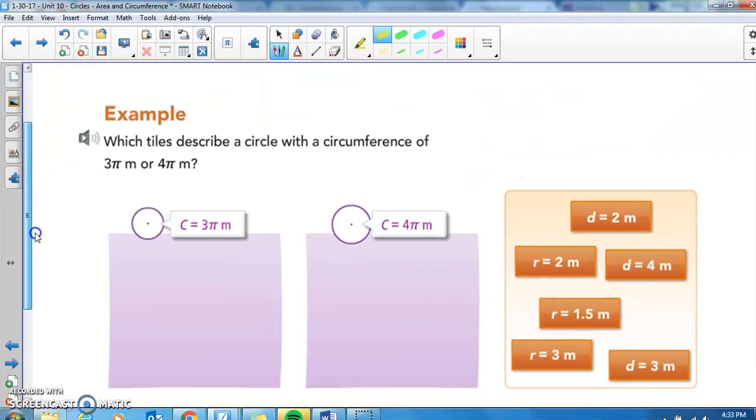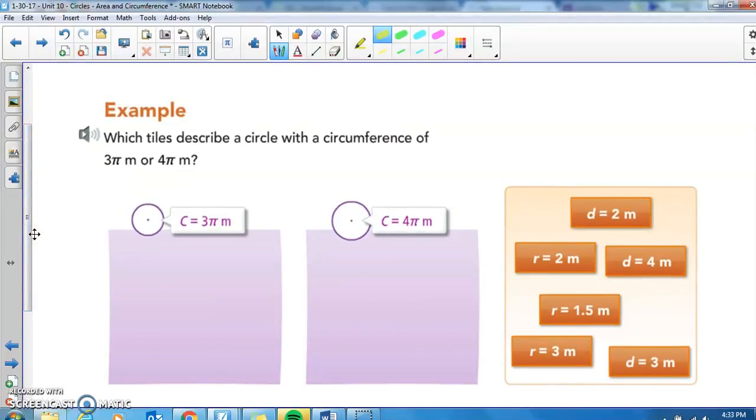All right, let's work this one together. It says, which tiles describe a circle with a circumference of 3 pi meters or 4 pi meters? Now, I'm not so worried about the information on the right in terms of matching up. What I want to do is take just a couple of these. Let's take this one, and this one, and then just do those two.